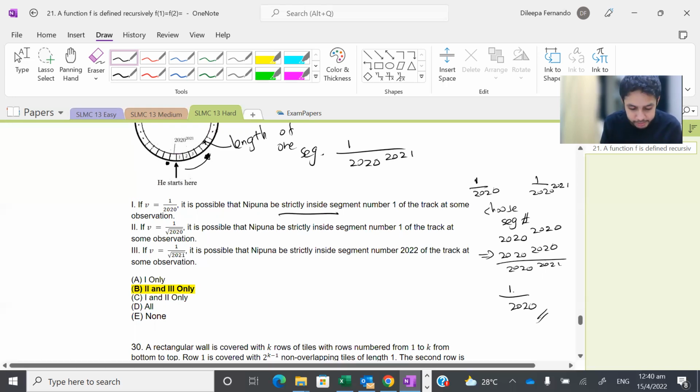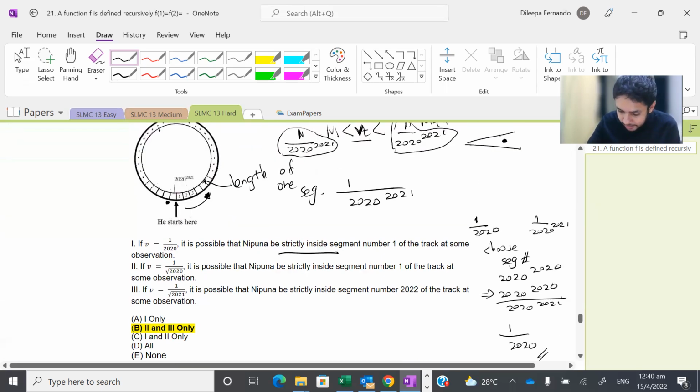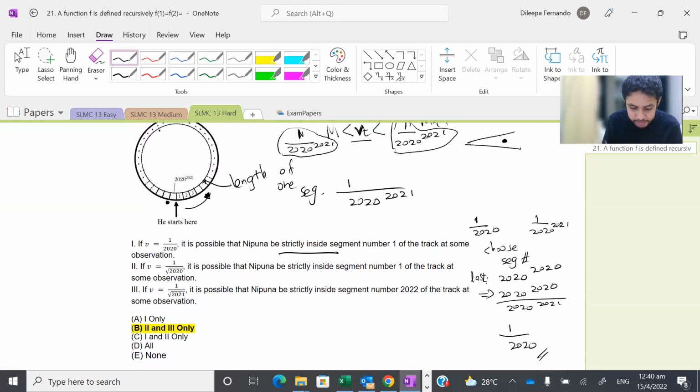V is 1 over 2020, and 1 over 2020 is the last segment boundary, because this is the last segment. Choose this segment which is the last. From the last segment, when we calculate the length is 1 over 2020.